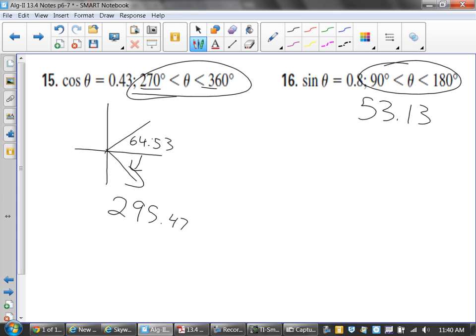Yeah. If that's its own reference angle, how do you bounce that to the second quadrant? 180 minus that. What'd you get? 126.87. Okay.